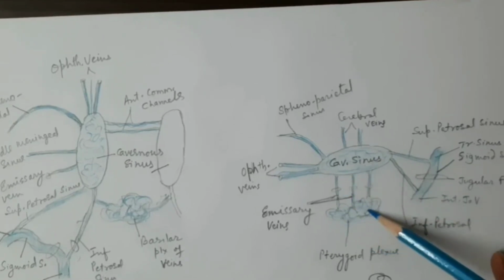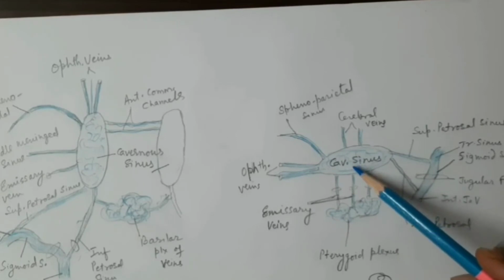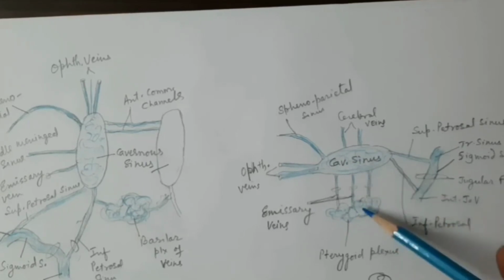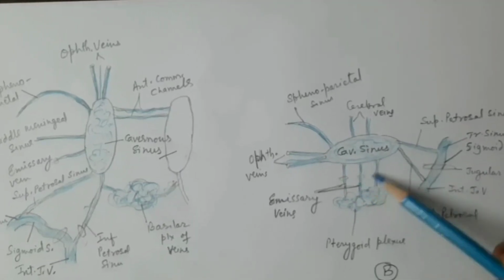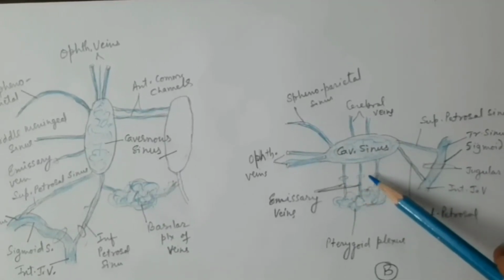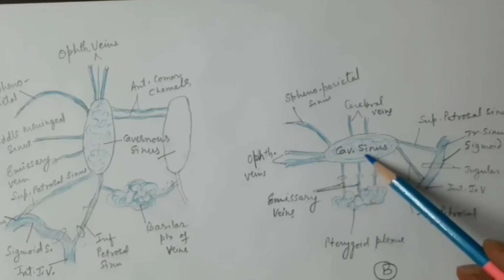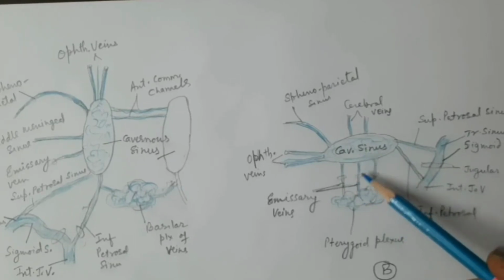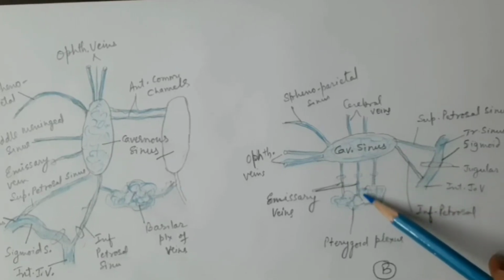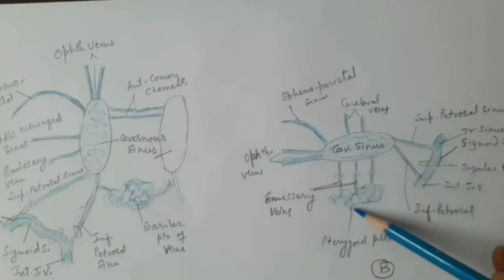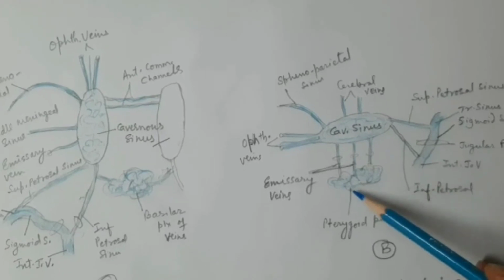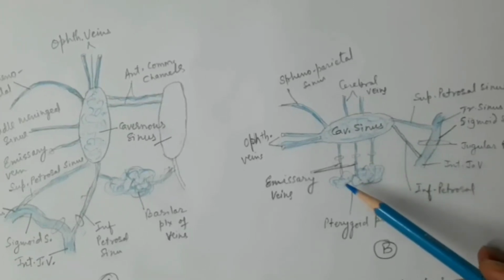These veins drain their blood to the cavernous sinus, or the cavernous sinus may drain its blood to them. That means the flow is on both sides, because these are emissary veins. Emissary veins are the veins which connect the dural venous sinus inside the cranial cavity to the veins outside the cranial cavity. They are wall-less, so the blood can flow in both directions.